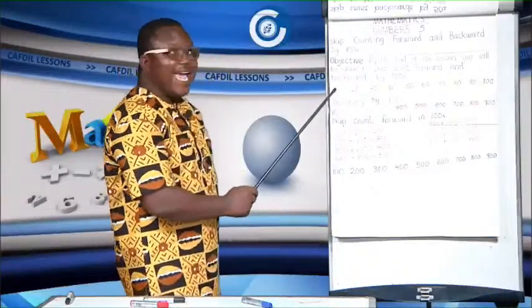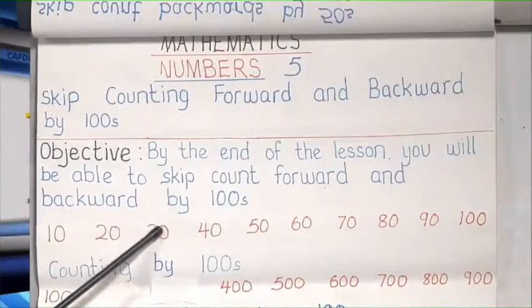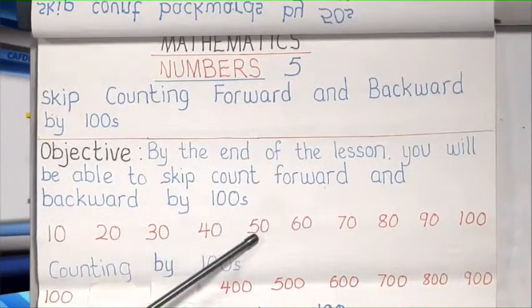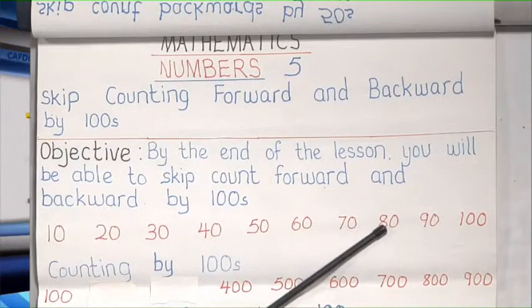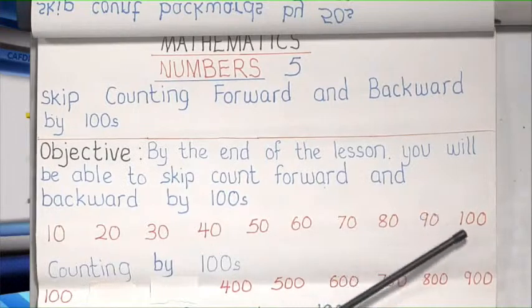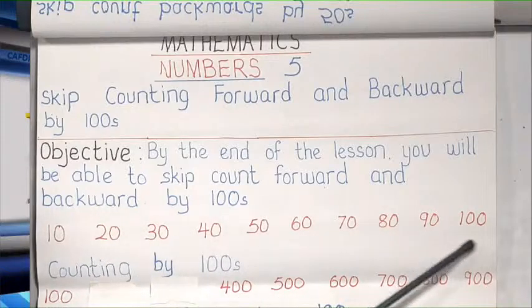Now, learners, let's come to the board. Here I have 10, 20, 30, 40, 50, 60, 70, 80, 90, and then 100. This one I was counting forward because I was moving to the right direction, based on what I demonstrated right now.